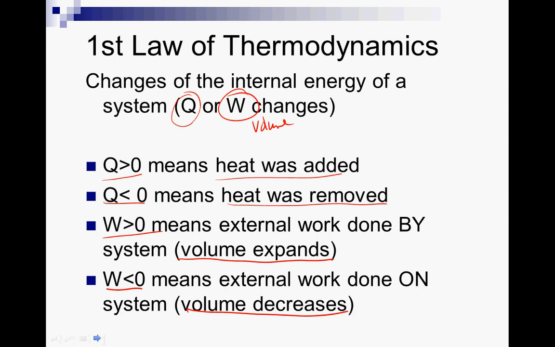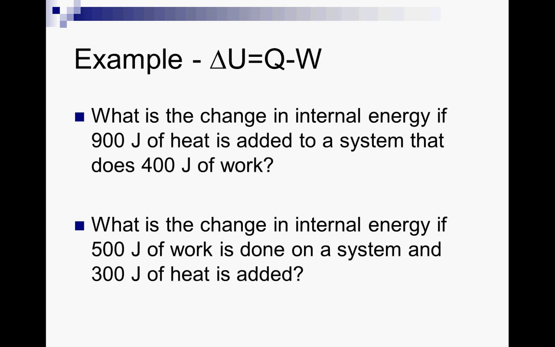Okay, so let's look at the types of problems I'll ask you. What is the change in internal energy if 900 joules of heat is added to a system that does 400 joules of work? I always want you to think about the amount of heat and the amount of work. Well, 900 joules of heat added means I'm up by 900.